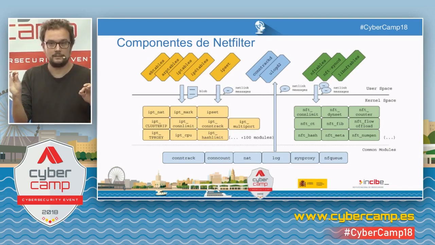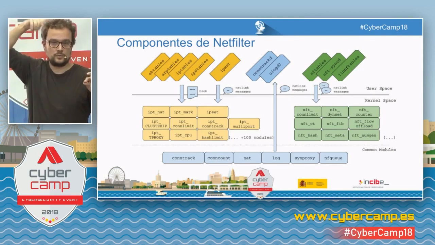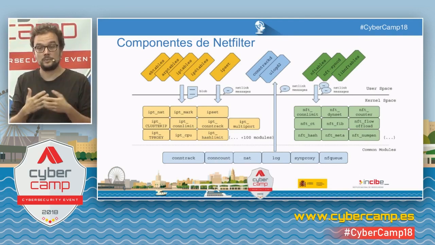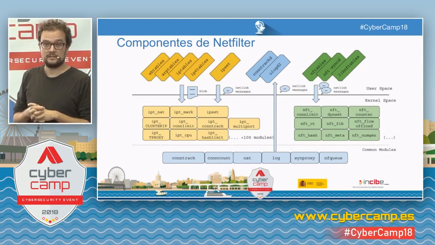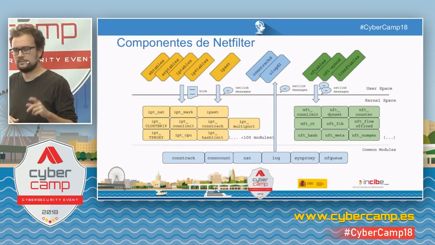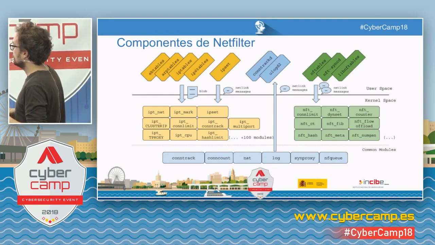In nftables, we just send a message with a new rule we want to add, and then the kernel can reconstruct internally. So we'll be talking about that on the next slide. It gives us a lot of new possibilities.